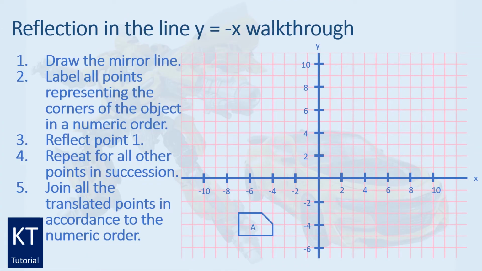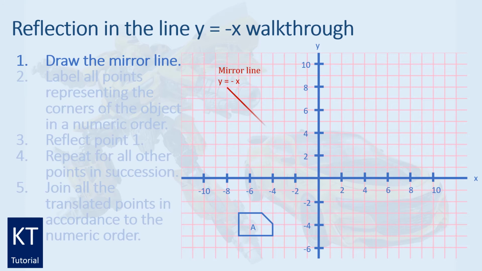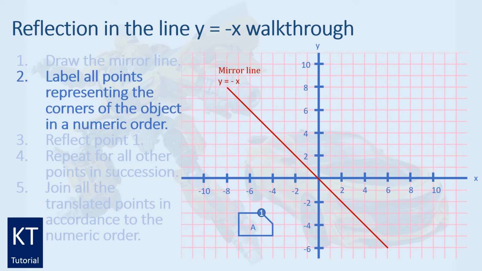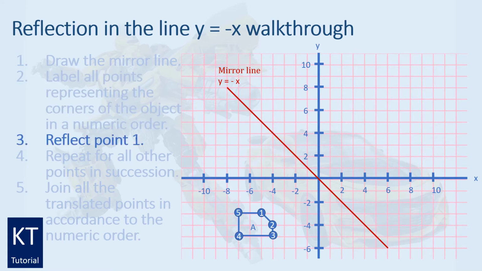We shall now perform a walkthrough for a reflection in the line y equals -x. Step 1. Draw the mirror line. Step 2. Label all points representing the corners of the object in a numeric order. Step 3.